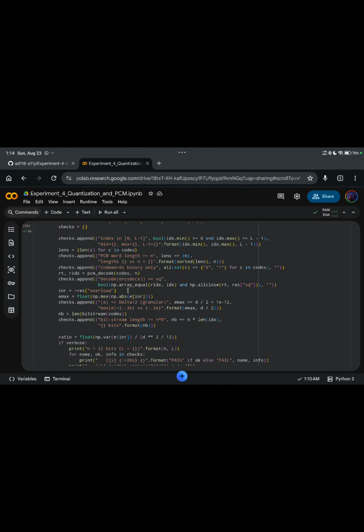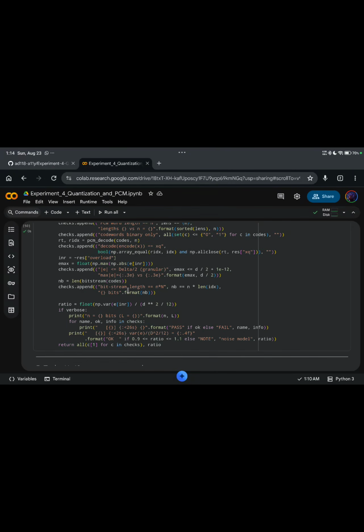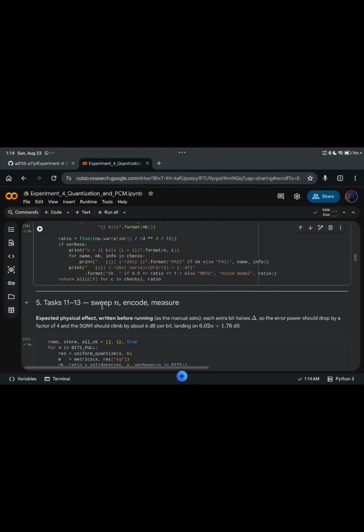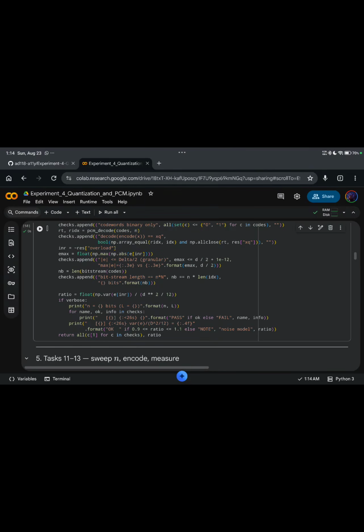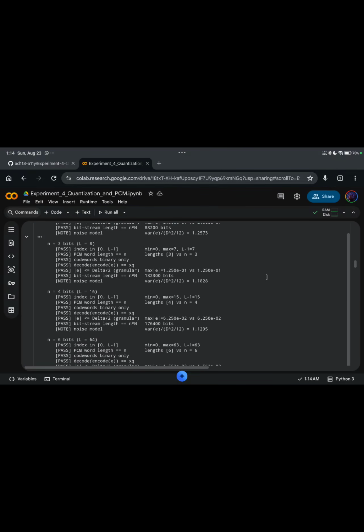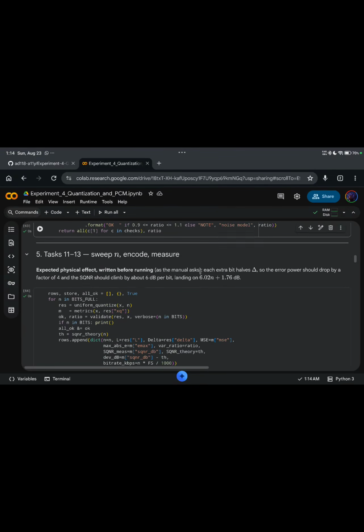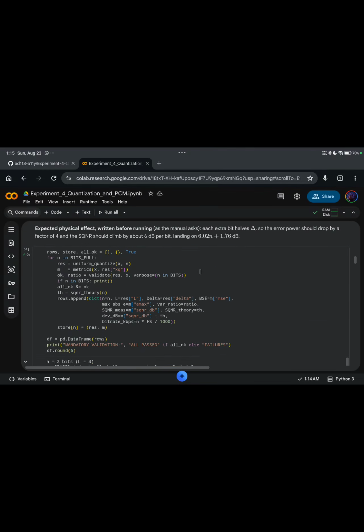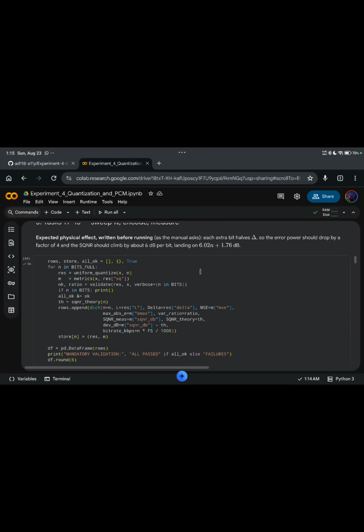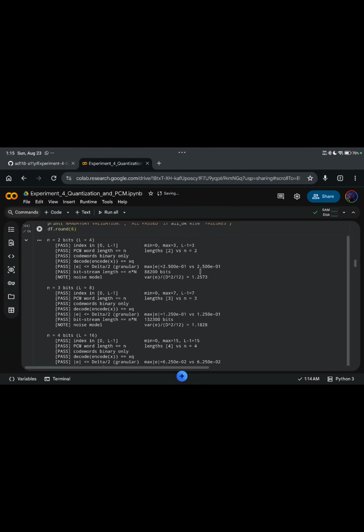The total bitstream length is equal to n into N. Here you can see everything has passed.